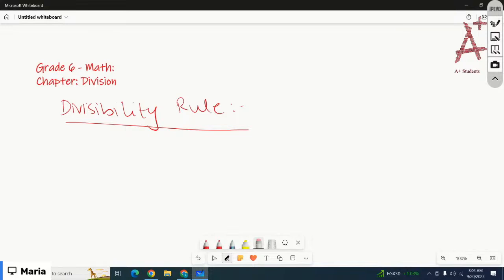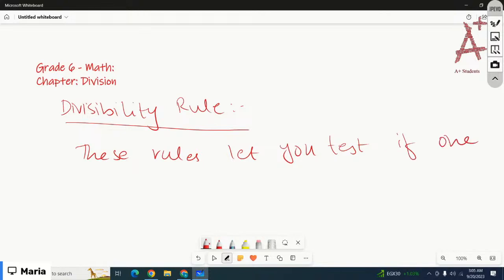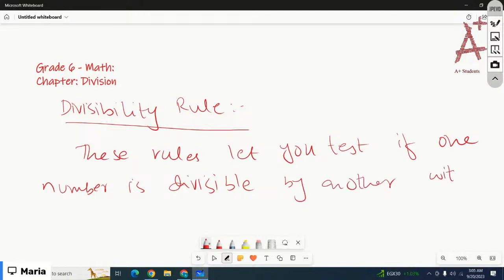These rules let you test if one number is divisible by another one without having to do too much calculation, right?